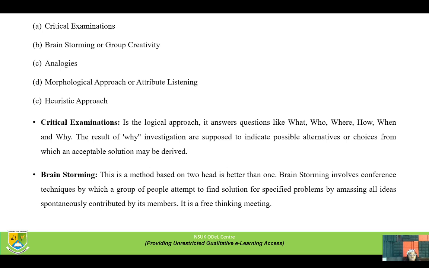Moving to the second one, which is brainstorming. Brainstorming is a method based on the idea that two heads are better than one. Brainstorming involves conference techniques by which a group of people attempt to find solutions for specified problems by amassing all ideas spontaneously contributed by its members.